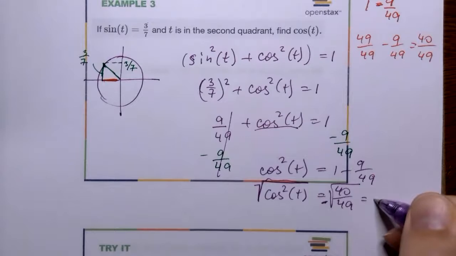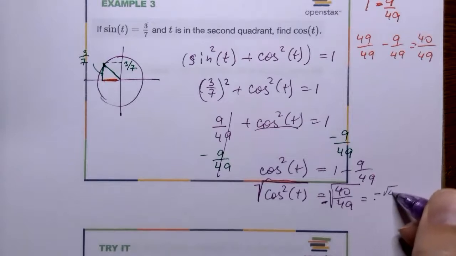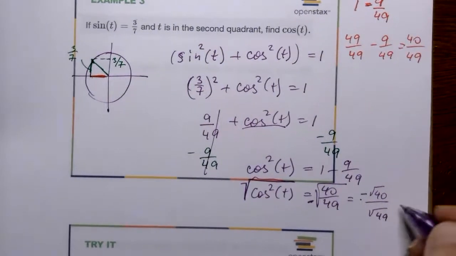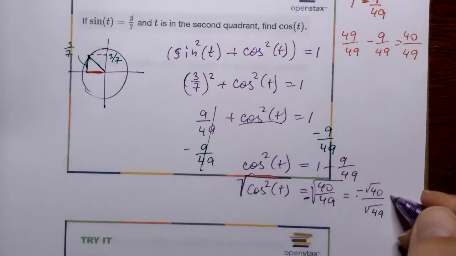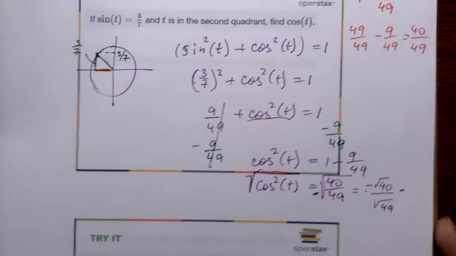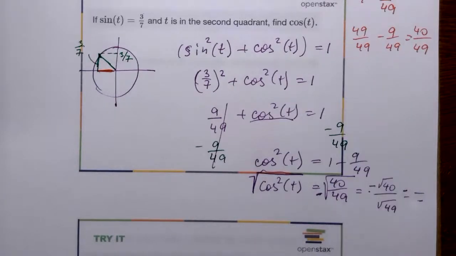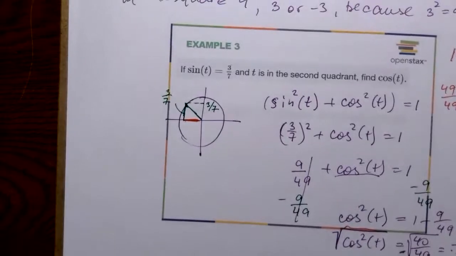So splitting that square root into the numerator and denominator separately, let's do the calculations on the side. The square root of 49 is just 7. Now, what about the square root of 40?